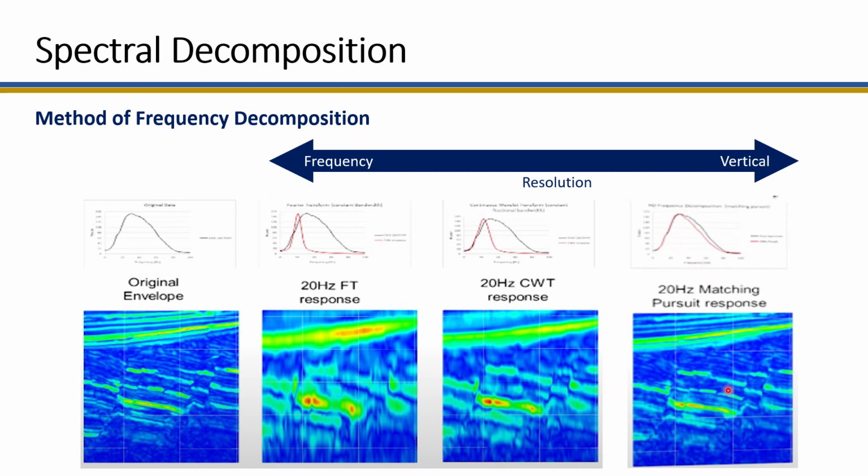But our bandwidth is much wider, so we are looking at more of the frequency spectrum, and there is less frequency resolution. So depending on whether frequency resolution or vertical localization is important, you use the appropriate technique for your interpretation objective and your target.